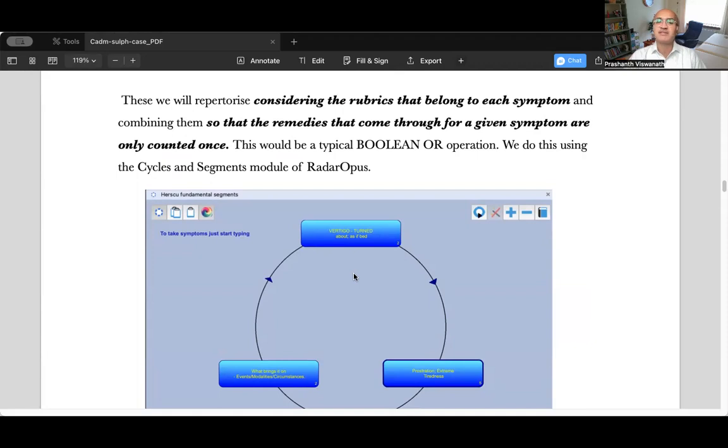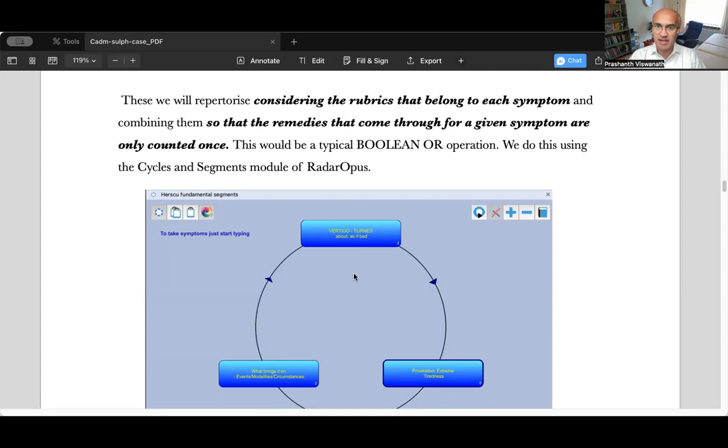So in the example I just gave, better by discharges, all three will have Lachesis as the most prominent symptom: loquacity, better by discharges of the menstruation, and better by anger. But they will only be counted once, even if you add all these three rubrics into one segment called discharges.